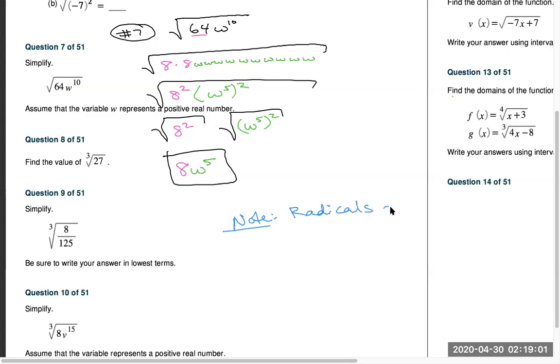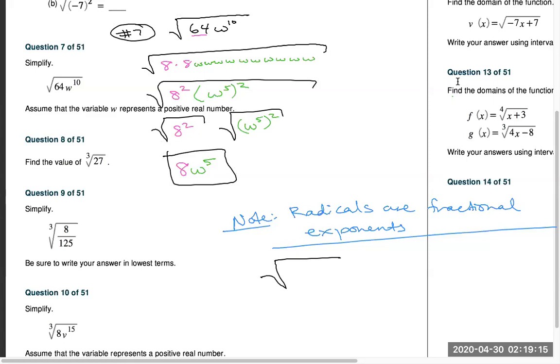Radicals are fractional exponents. Remember, we had the root before. It was the nth root of a.